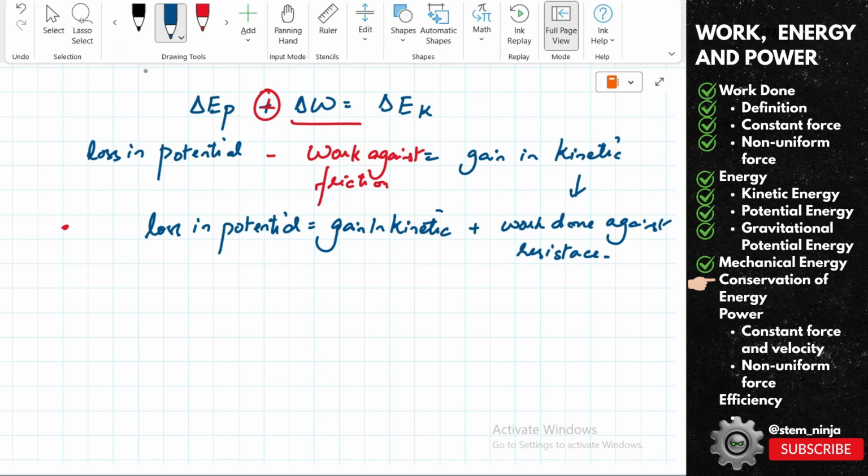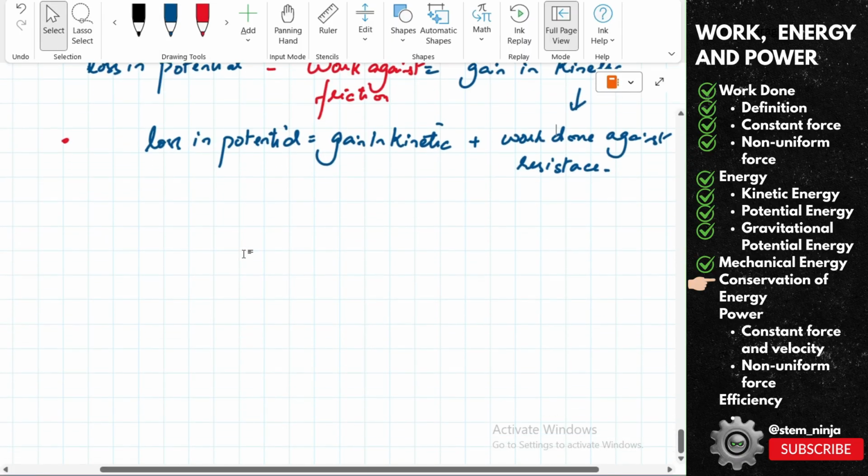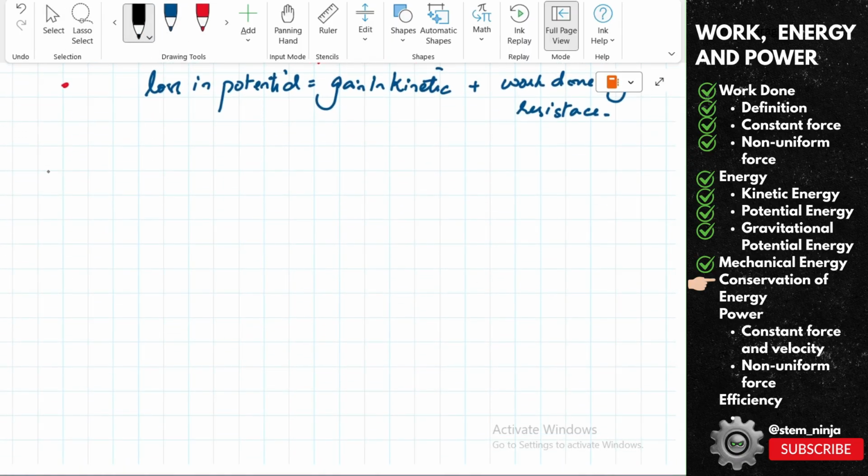Now let's take two examples, although we studied these examples in the work kinetic energy theorem video, but let's take 2-3 examples to understand these two scenarios. So for example, let's say you have an inclined plane.